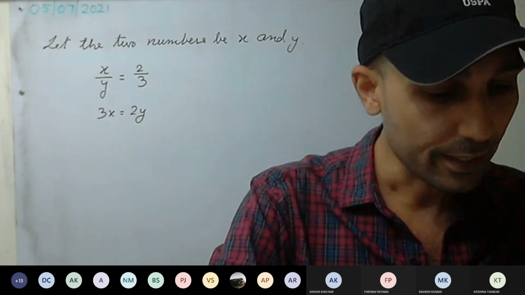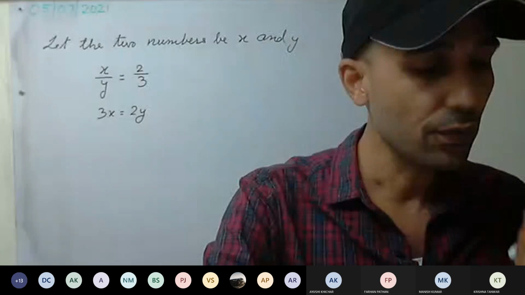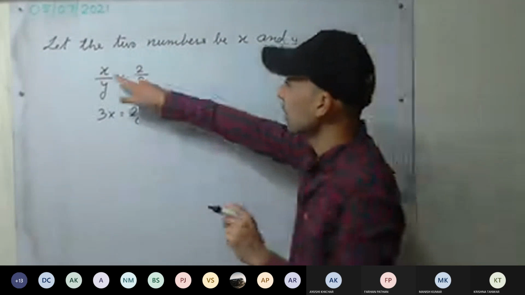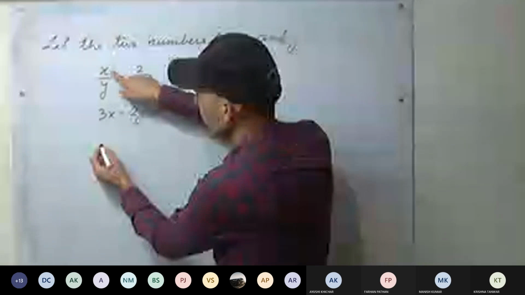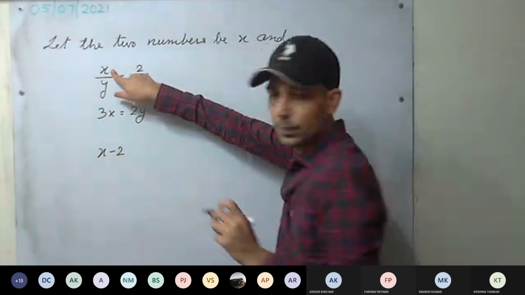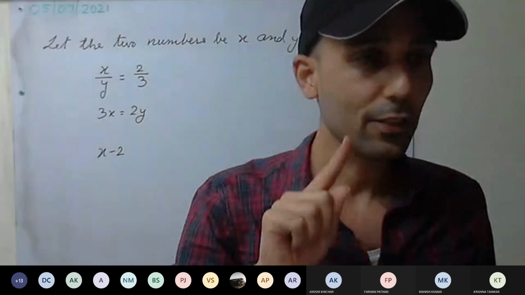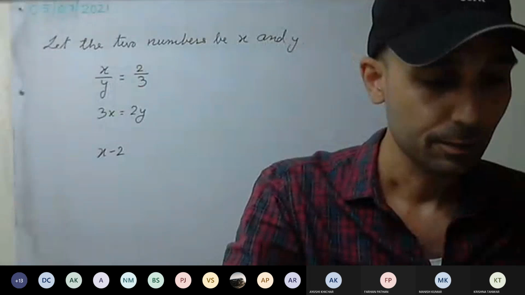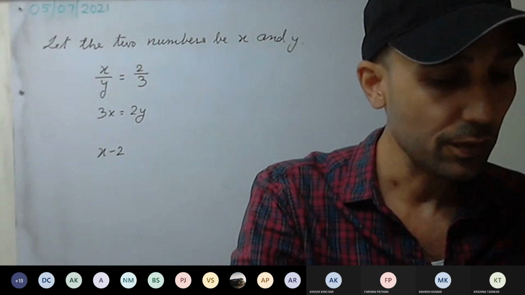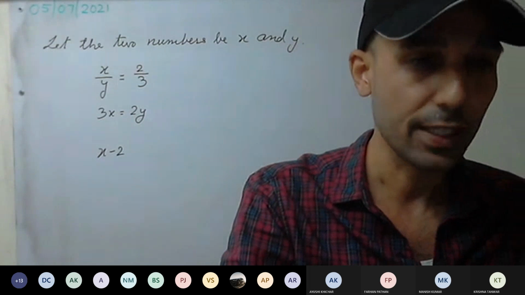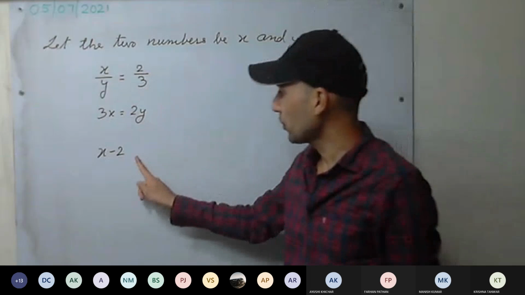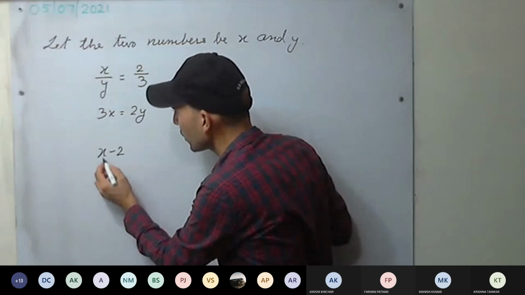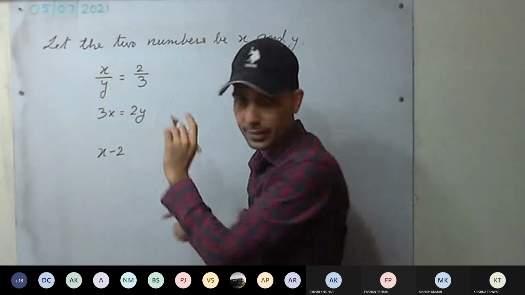Now read the second statement. If 2 is subtracted from the first number, it will be x minus 2. Everyone must pay attention in this exercise. If 2 is subtracted from the first and 8 from the second, that is y minus 8.